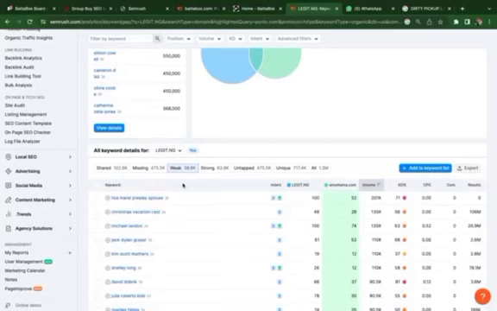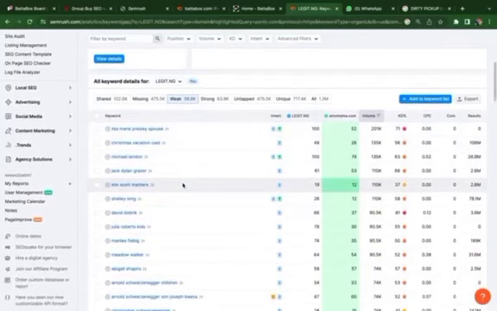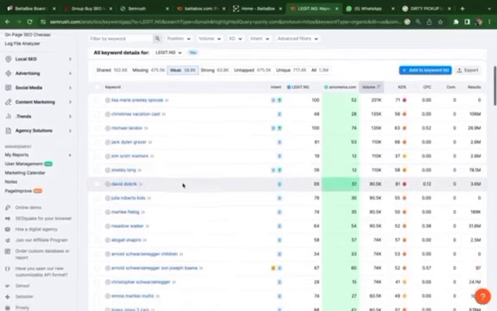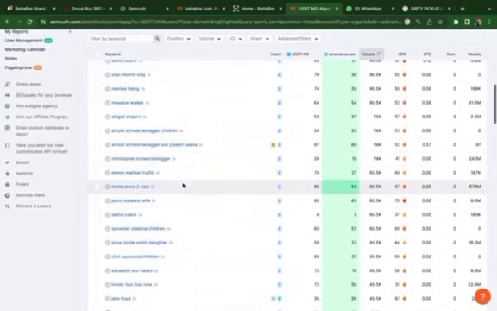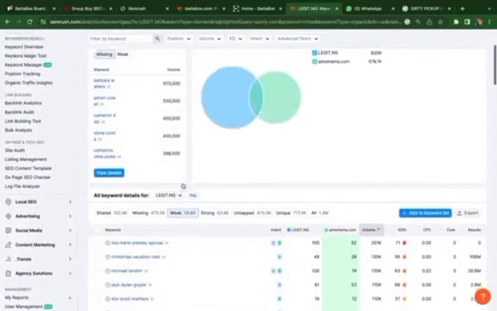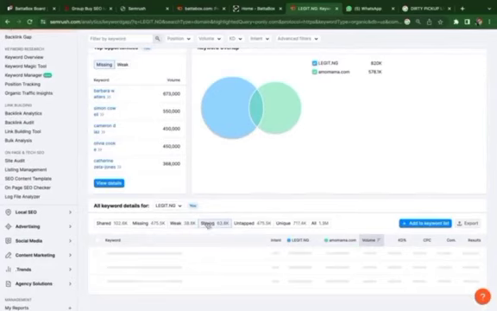You can see that the weak tab indicates the keywords that Amo Mama outranked Legit in. You can see them. So if you happen to be a newbie, you can just export this and work on that. But these websites are very, very big. You can see they are big websites.